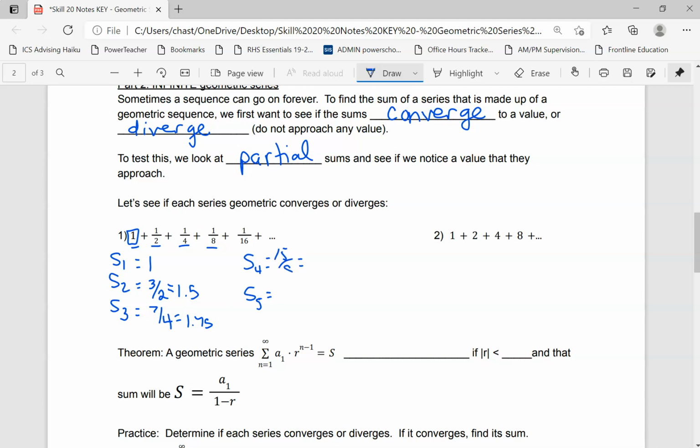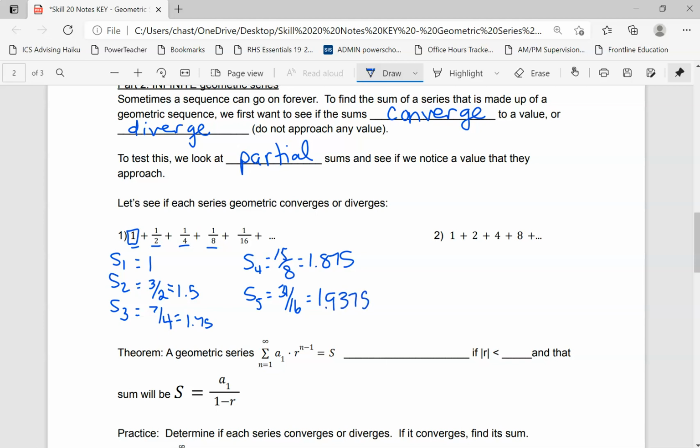I just wrote the wrong improper fraction. Whoops. And 15 divided by 8 is 1.875. All right, for our fifth one, we're going to take our 15/8 and add to that 1/16, which is going to give us 31/16. So 31 divided by 16 is 1.9375.